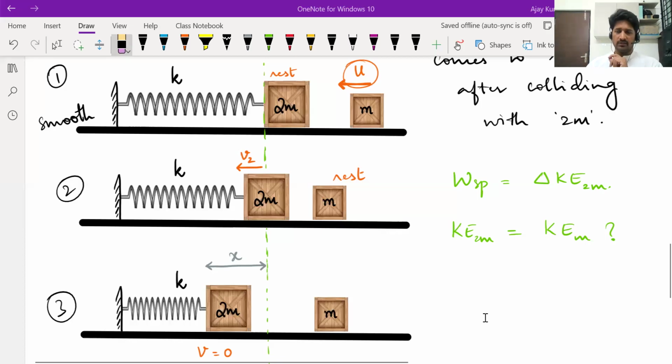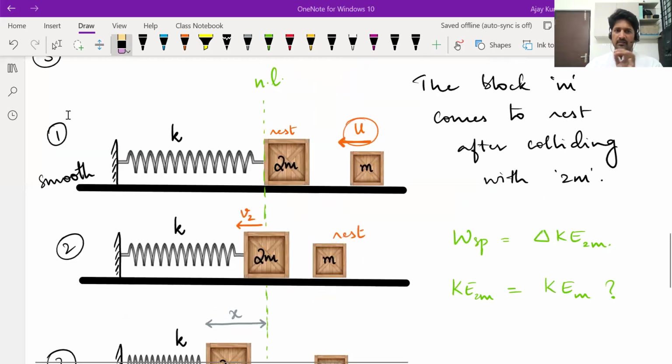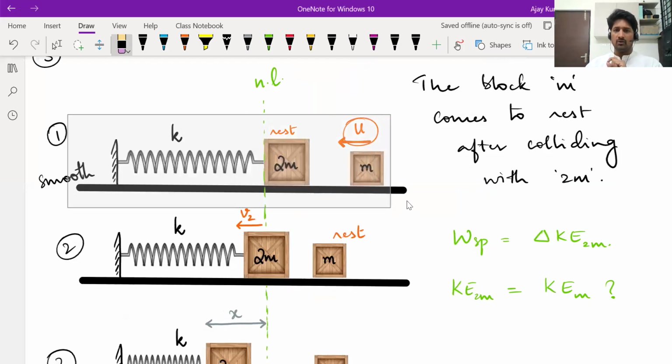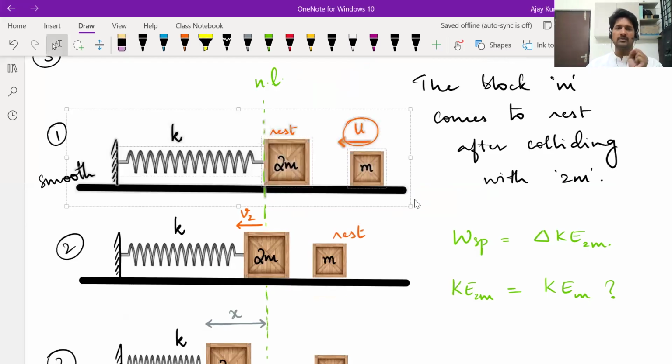We had done collision-based questions before also. What principle of physics can you apply in that collision? The conservation of linear momentum. Good. Conservation of linear momentum. That is what we will do to find out the velocity with which 2m starts to move.